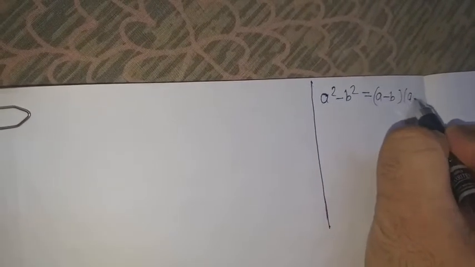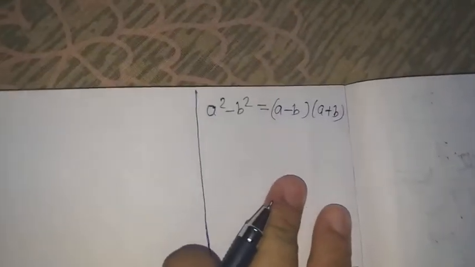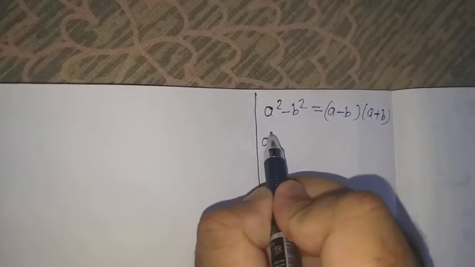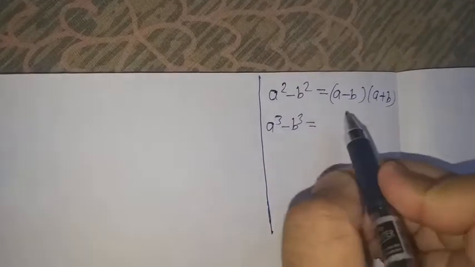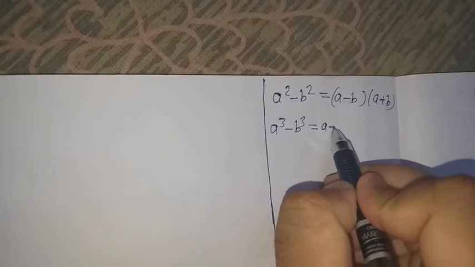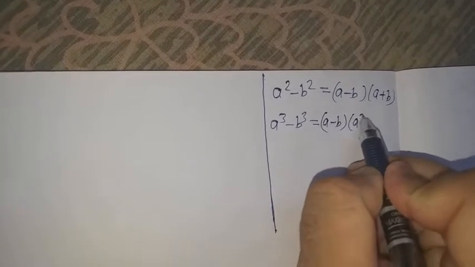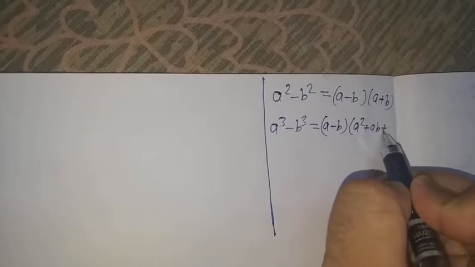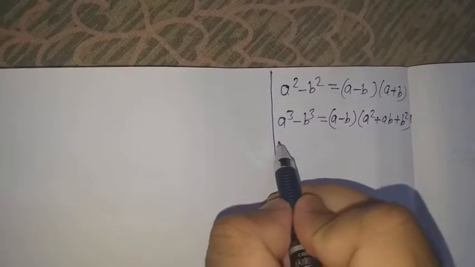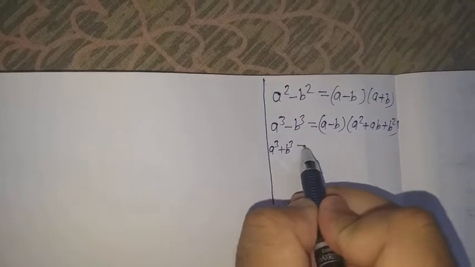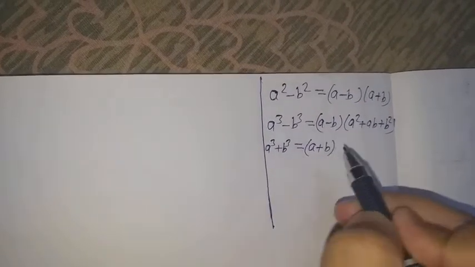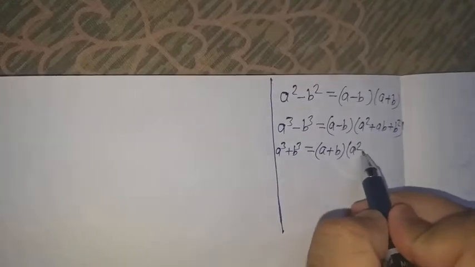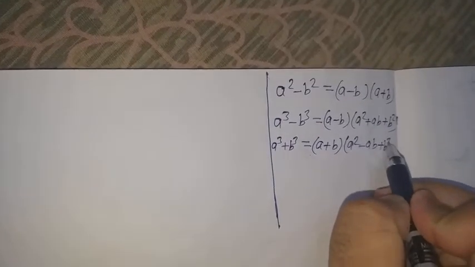In that, there is a formula: a square minus b square is equal to (a minus b)(a plus b), and a cube minus b cube is equal to (a minus b)(a square plus ab plus b square), and a cube plus b cube is equal to (a plus b)(a square minus ab plus b square).